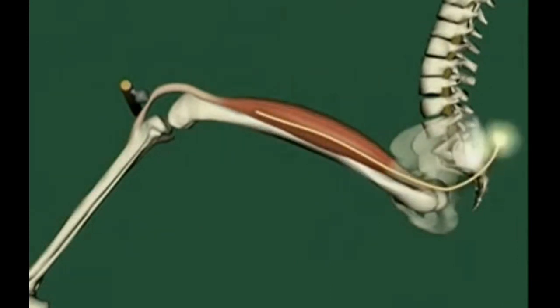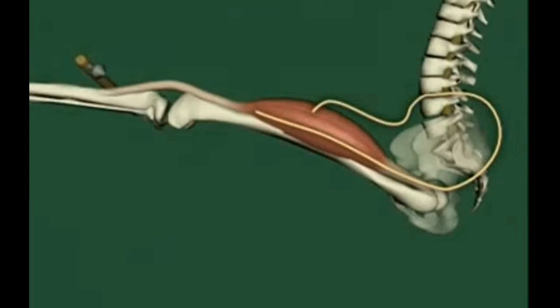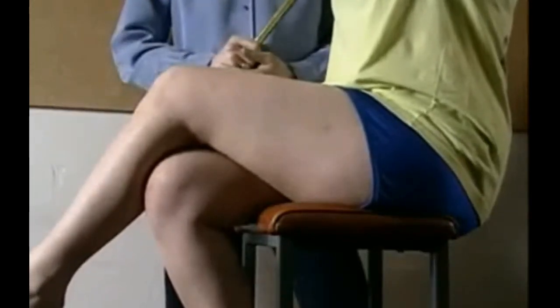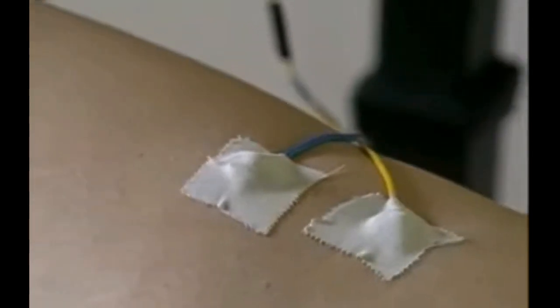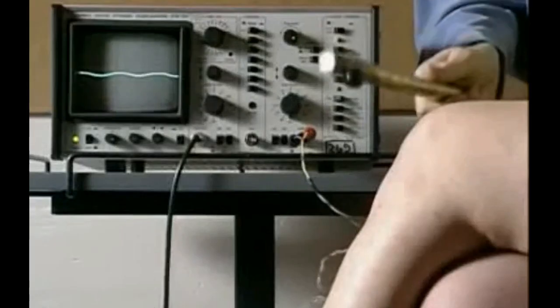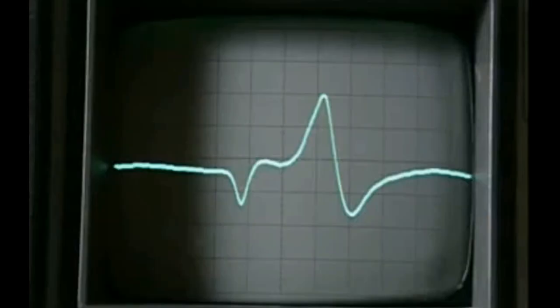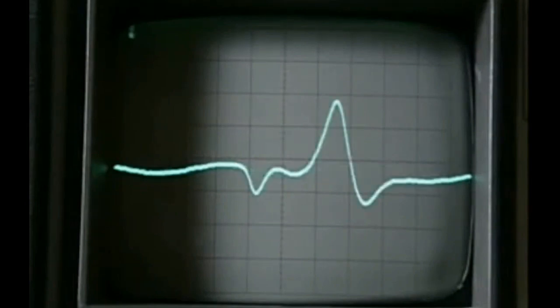It passes through the spine, back down the leg, and causes the muscle to contract. Electrodes on the thigh pick up any electrical activity. Scientists use the trace on the oscilloscope to work out the speed of the response. It takes just 1/30th of a second.